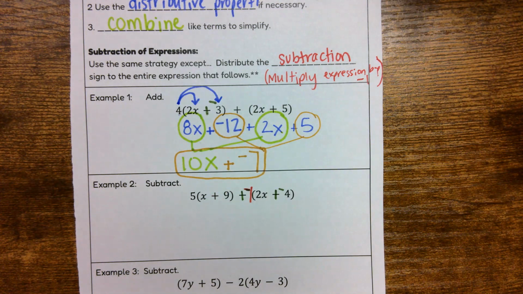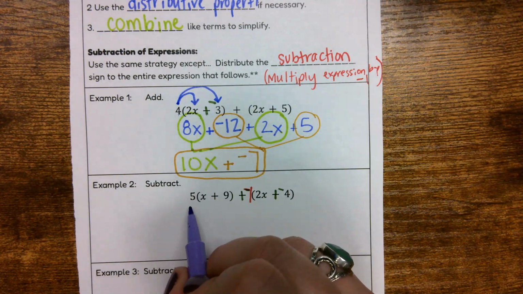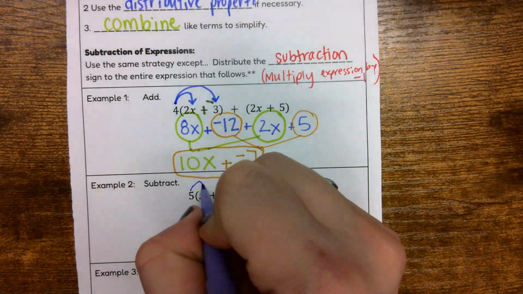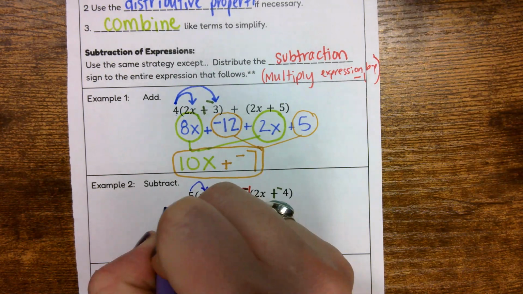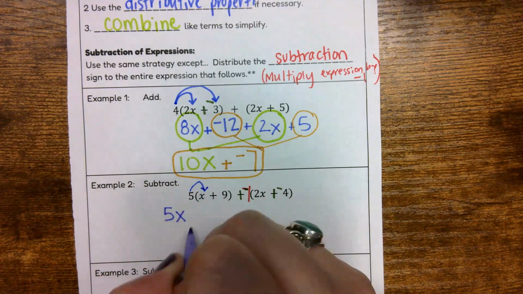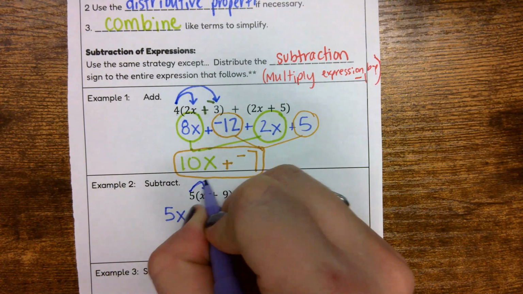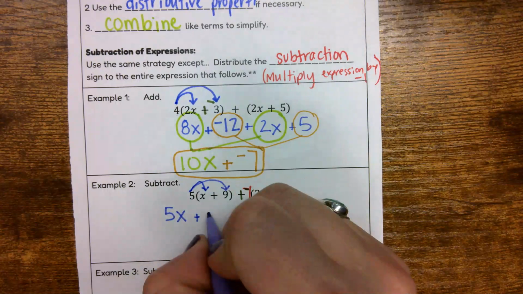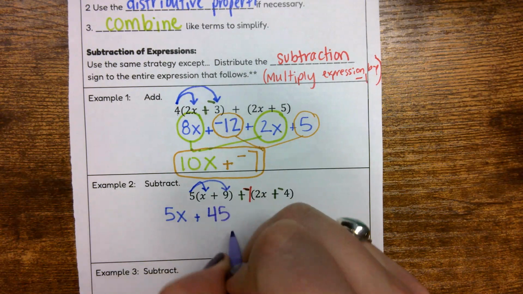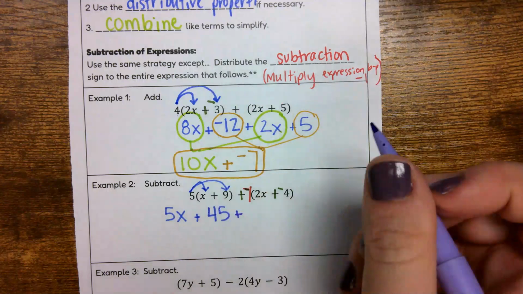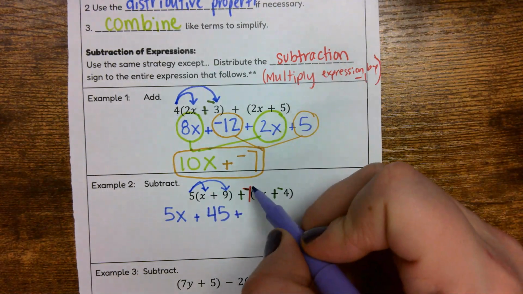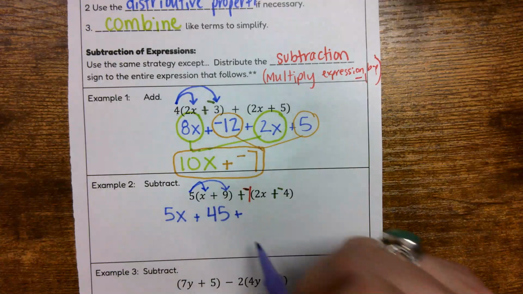So that way I remember I need to distribute that -1 when I do the distributive property. So let's now do the distributive property. I'm going to start on this side of the expression. 5 times x is going to be 5x plus 5 times 9, which is 45, plus, now this is where we've already distributed this expression.